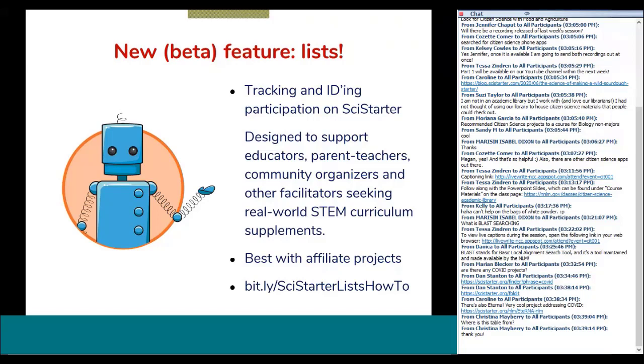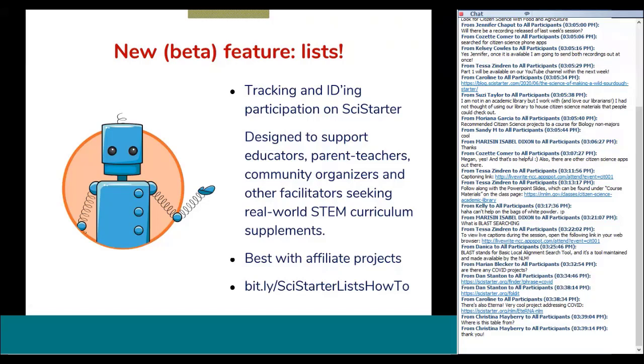You have to be over the age of 13 to have a SciStarter account, and there are other privacy protections as well. You can opt out of having a public profile. So you'll learn all about that when you read the Lists how-to blog, but we hope you use that, and we hope it's useful, especially for library staff and educators, because you're the people we were thinking of when we made this tool, and we made it specifically to respond to COVID.